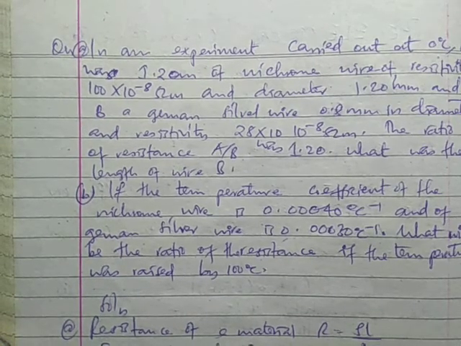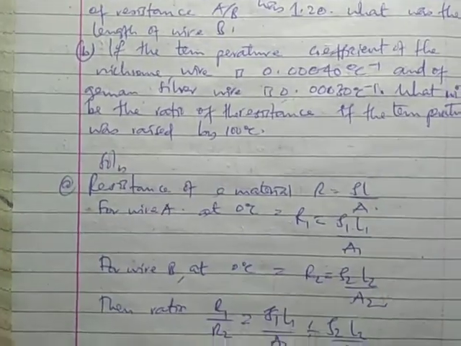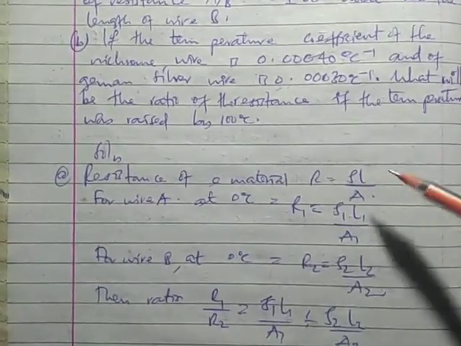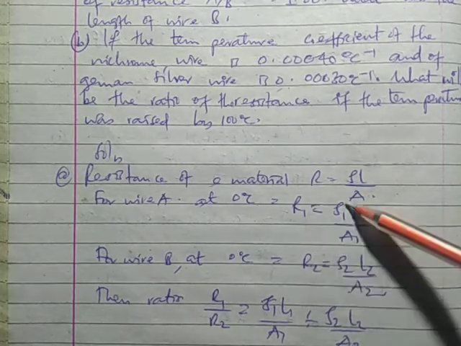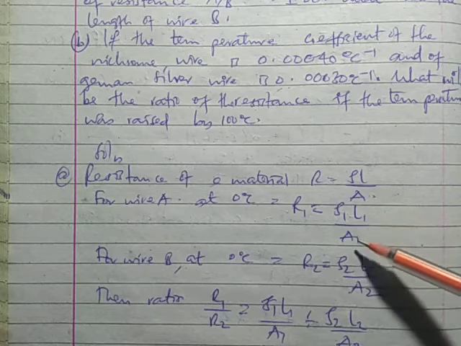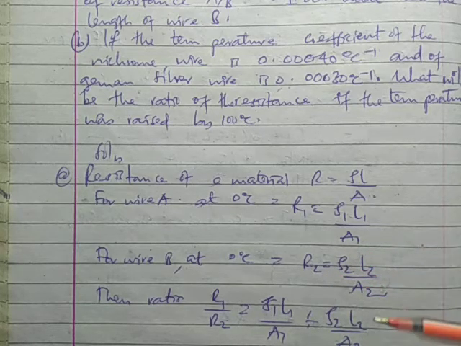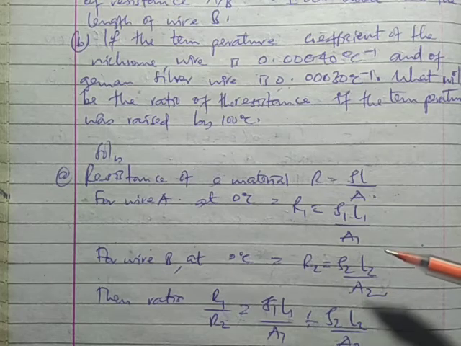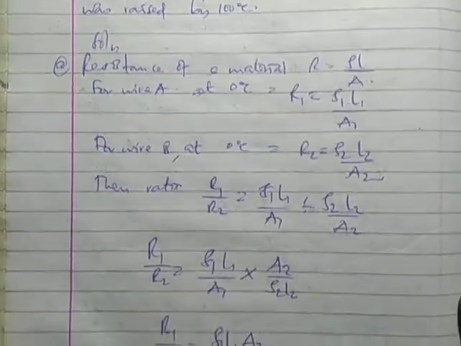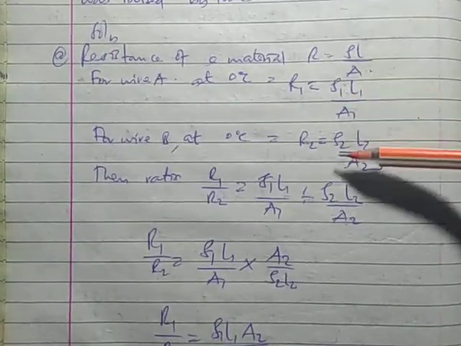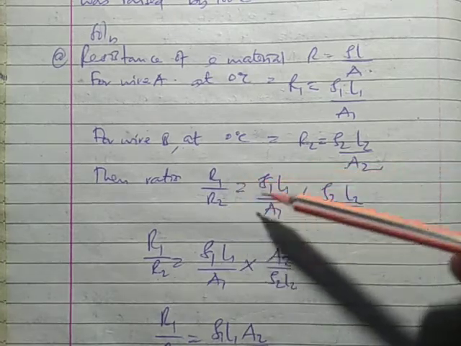Firstly, you need to memorize the equation for the calculation of resistance. The resistance is equal to resistivity times length divided by area. So resistance 1 is resistivity 1, length 1, area 1, and resistance 2 is the same with the second values. Calculating the ratio of resistance AB, we take the equation for resistance 1 divided by the equation for resistance 2, so R1 divided by R2.